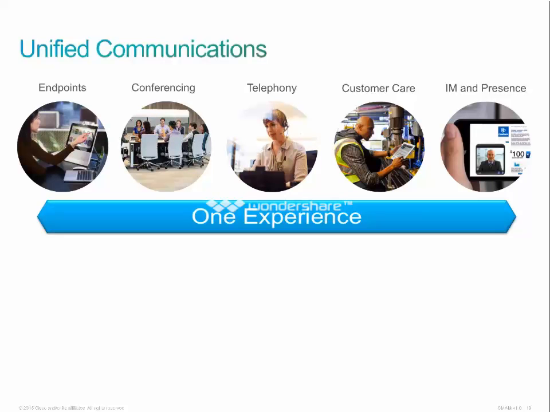It's worth noting that Cisco is recognized as an industry leader by Gartner, IDC, and Forrester in each of these individual categories, as well as in holistic unified communications offerings.